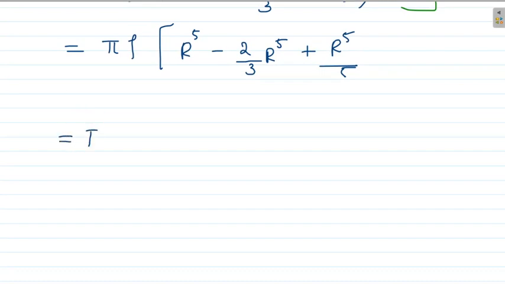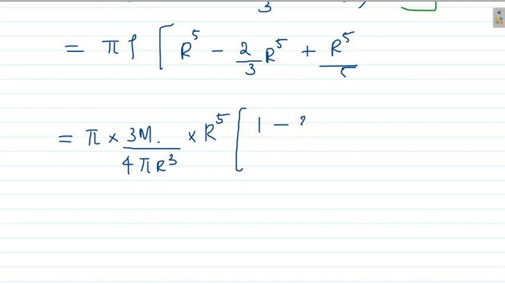Now this is equal to pi into, instead of rho, let me substitute 3m divided by 4 pi r cube into, taking r raised to 5 as common, we get r raised to 5 into 1 minus 2 by 3 plus 1 by 5.